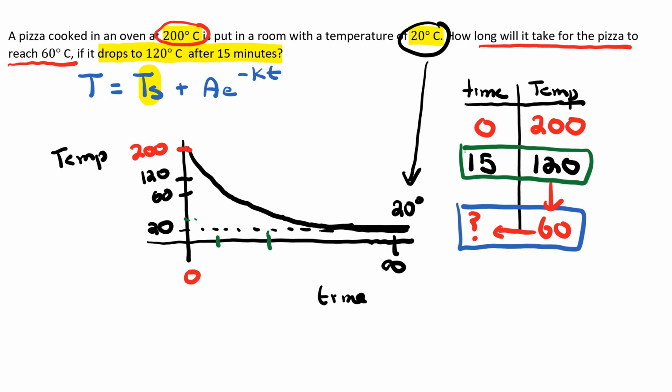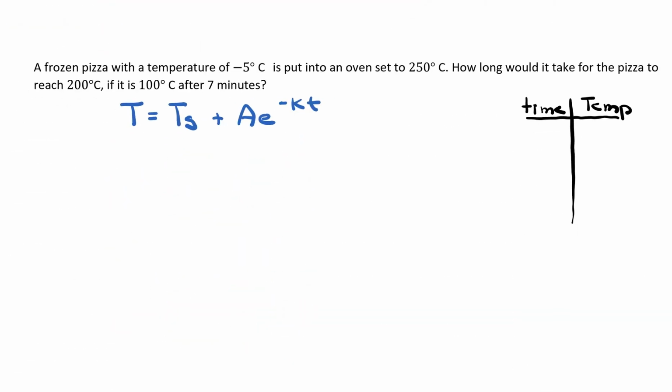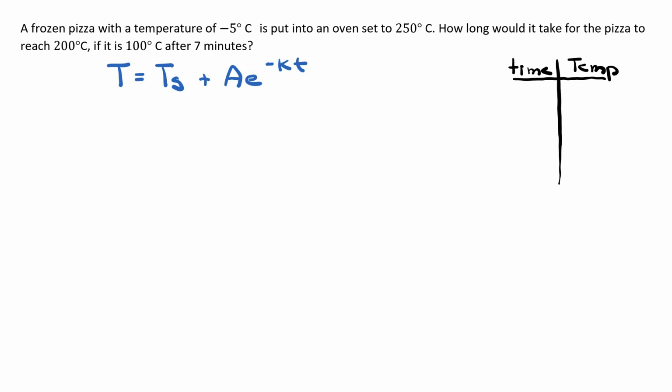Okay, let's do one more of these Newton's law of cooling questions, and that will include this homework video here. This time I have a frozen pizza with a temperature of negative 5 degrees Celsius. So this time we're starting with a negative temperature. At the beginning, the initial temperature is negative 5 degrees Celsius. And then the frozen pizza is being placed into an oven, right? So everything is being put into an oven, which means your surrounding temperature is going to be 250 degrees Celsius.